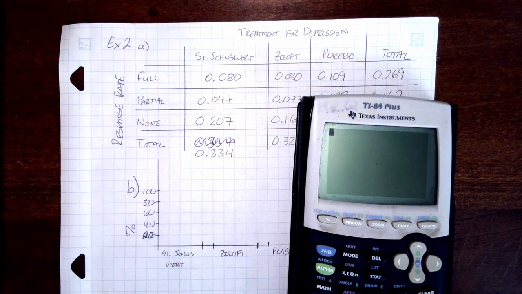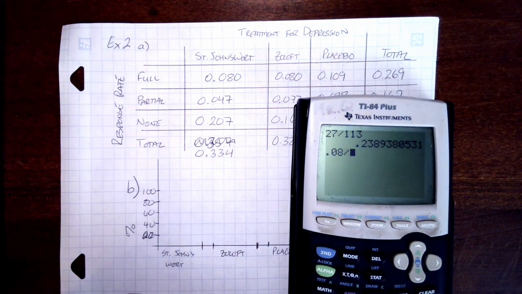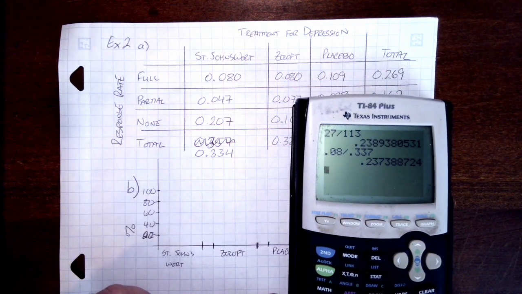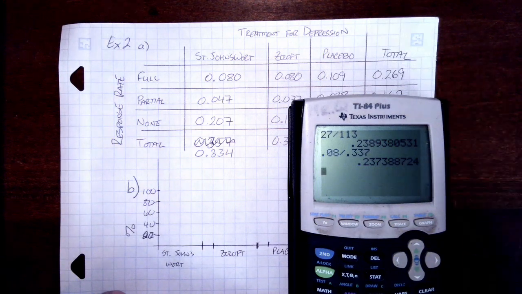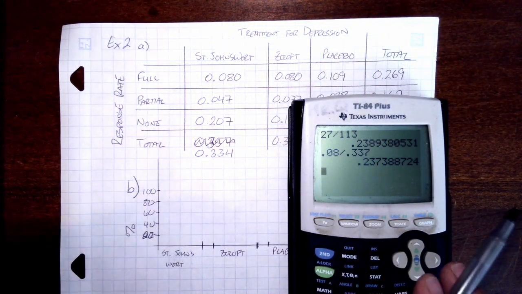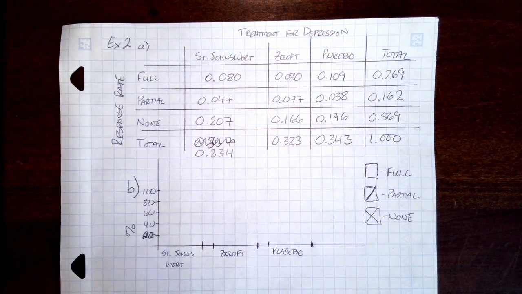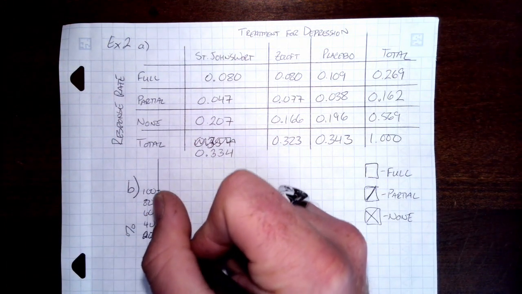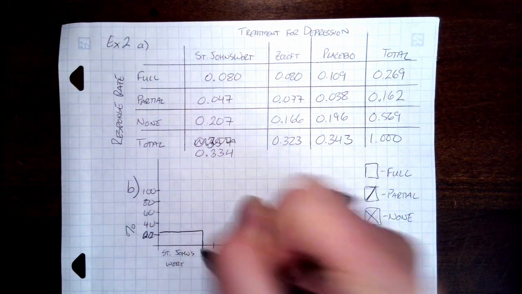We could use that, so 27 out of 113 could be 23.9%, or 0.08 out of 0.334 should also be about 23.9% within some rounding parameters. So I'm going to use the rounded parameters right now, using our 0.08 and our 0.337. So 23.7%, so a little bit over 20, felt full response with the St. John's wort.